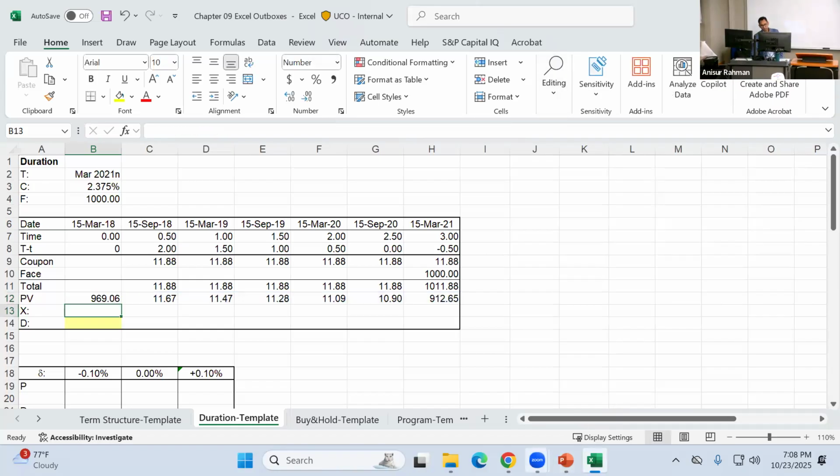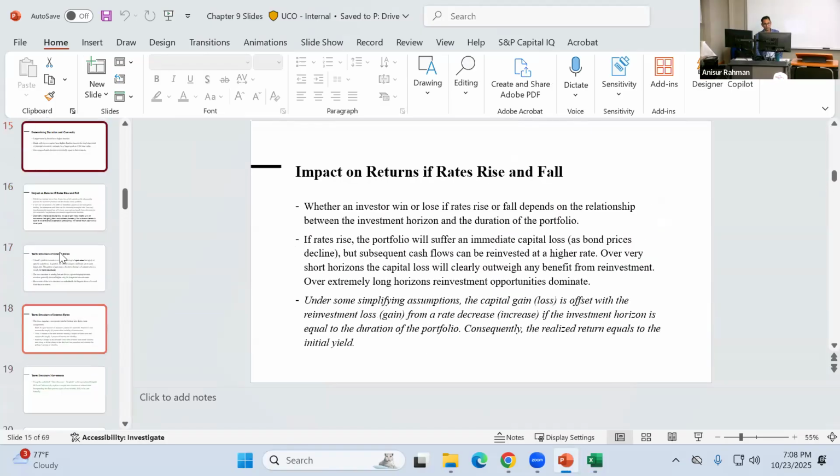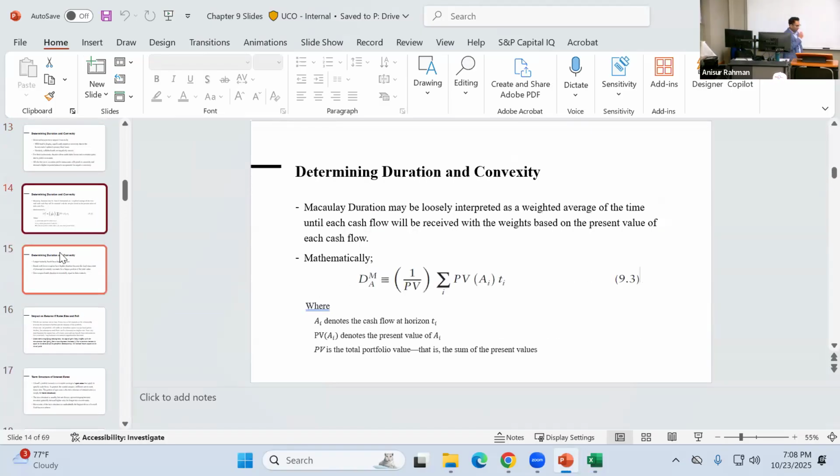Now, let's go back to our duration formula, Macaulay duration to be more specific. So this is the formula, right? Let's unpack this formula a little bit. So it says our Macaulay duration is this.